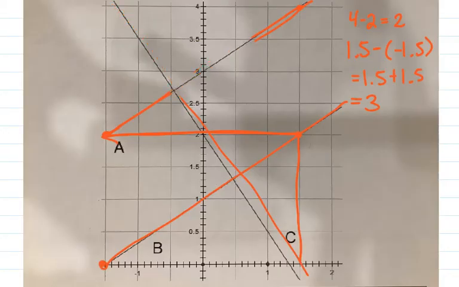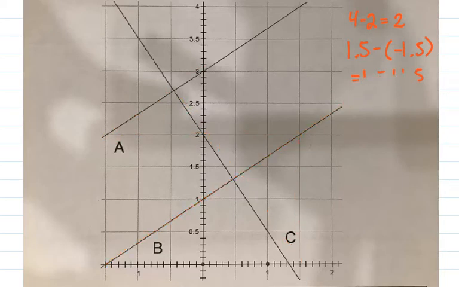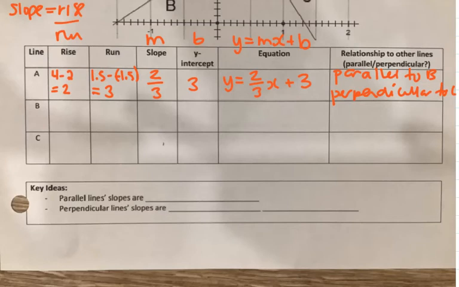All right, so looking at line B. Line B goes from 2, and it runs down to 0. So 2 minus 0 equals 2. So the rise is 2 minus 0 equals 2.